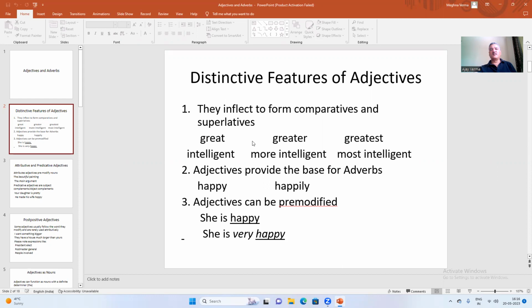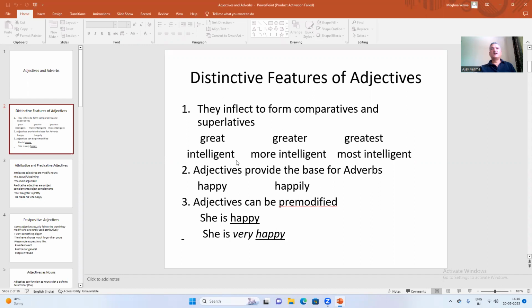Most of the adjectives form comparatives and superlatives like this through inflection, by adding er or est. If the word happens to be quite long, then we can use more or most.